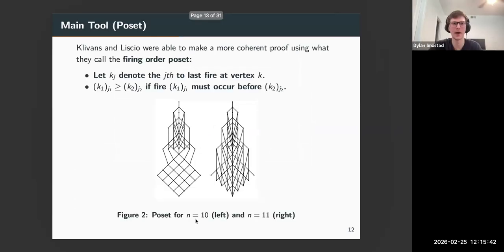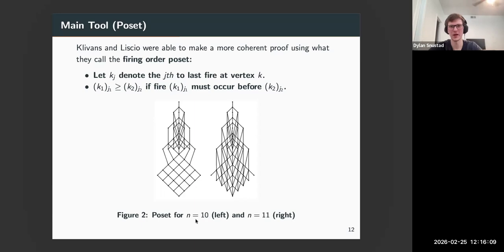So I mentioned that that proof is pretty difficult for the 2m case, or the even case. Klivans and Liscio, just a few years ago, came out with a much nicer proof of the same result, using something they call the chip firing order poset, or the firing order poset.